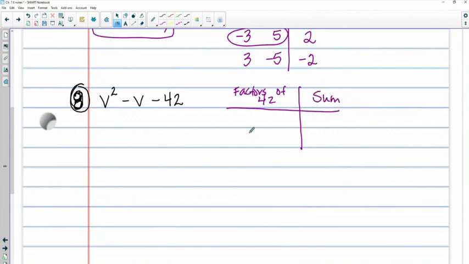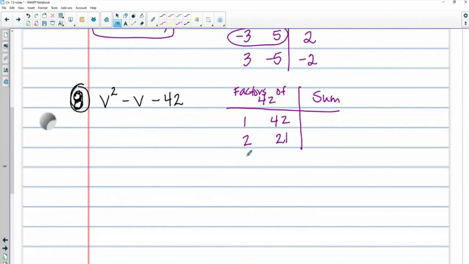Okay, so because C is a negative, that's why I put just 42. Because I know that my answer is one is going to be a positive, one's going to be a negative, so I have to test out both types. Well, we want to start with 1, right? 1 times 42. And then after the 1, we have 2 times 21.